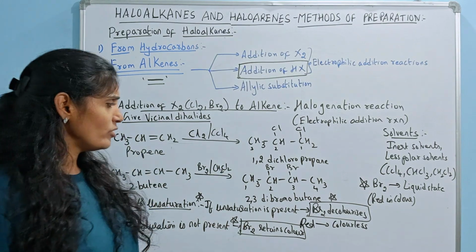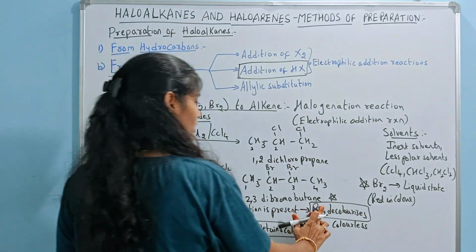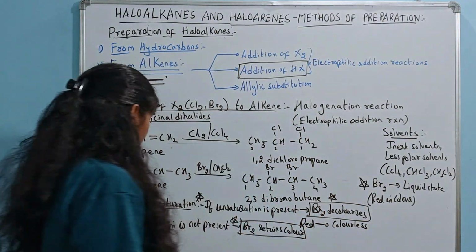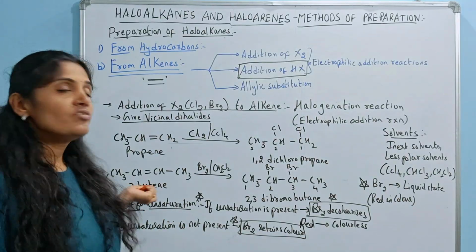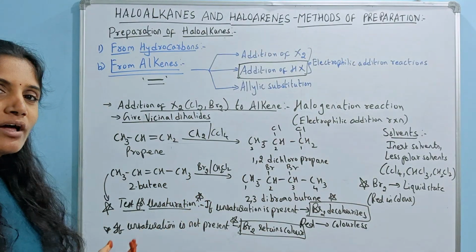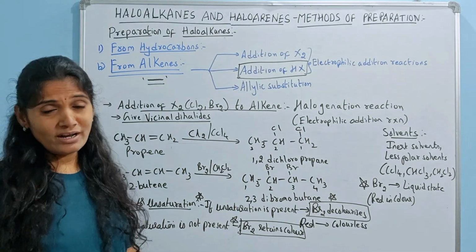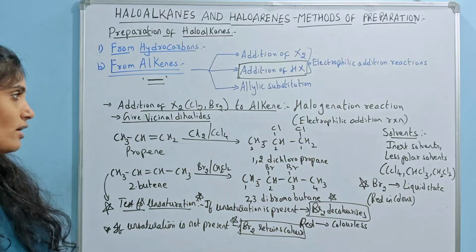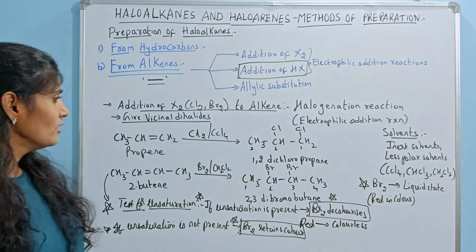If unsaturation is present, bromine decolorizes from red to colorless. If unsaturation is not present, bromine retains color. That is the reason this reaction of alkenes with bromine can be considered a test for unsaturation. You can't do it with chlorine because chlorine as such doesn't have any characteristic color.